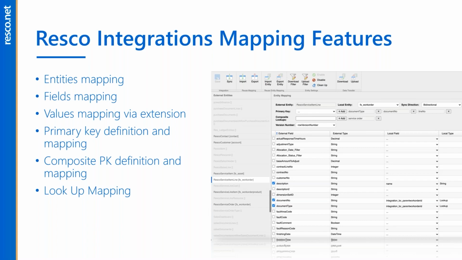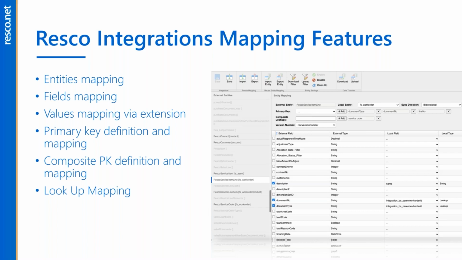And last but not least, it's the primary key definition. Business Central has a specific approach to primary keys, and we were sweating a little bit to finish this modification in Resco Cloud, to have the ability to set up multiple primary keys and composite primary keys. It's available, so you can test it and map multiple primary keys and composite primary keys in Woodford.